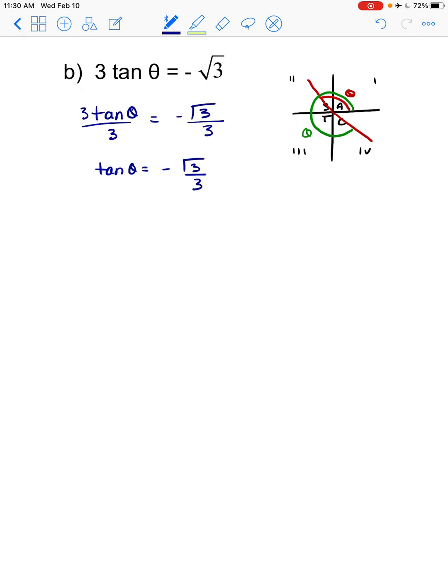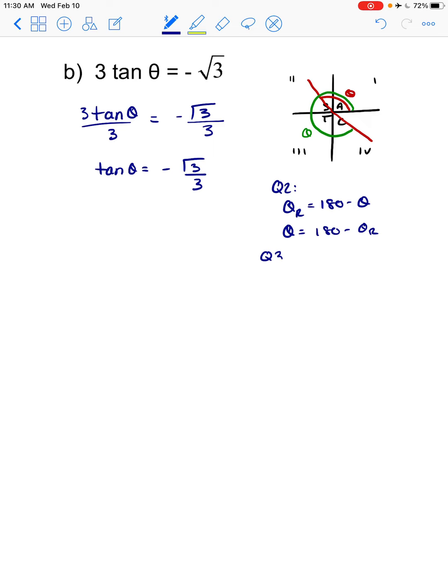Okay, so again, to find any angle in quadrant 2, given a reference angle, we know that we can use 180 degrees minus that angle, or that angle is equal to 180 degrees minus the reference angle.